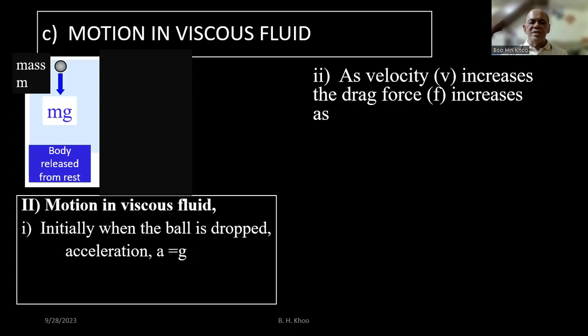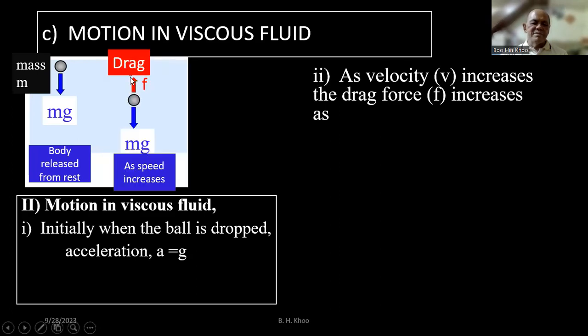As the velocity increases, the drag force F increases. The drag is moving upwards, opposing the motion. As the speed increases, F increases. For low speed, drag force is proportional to speed.